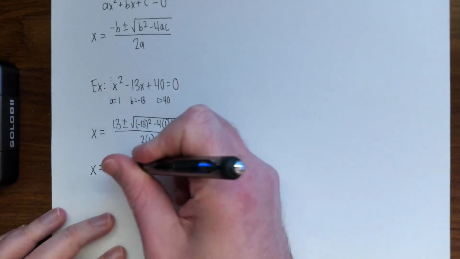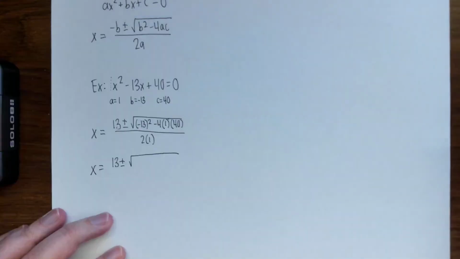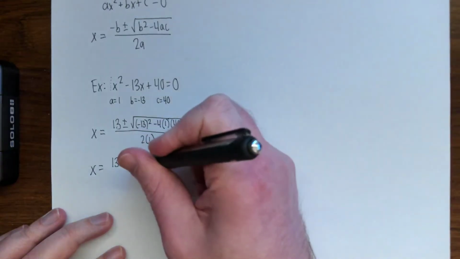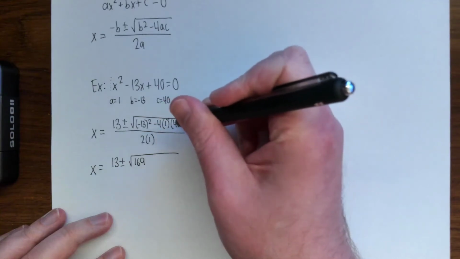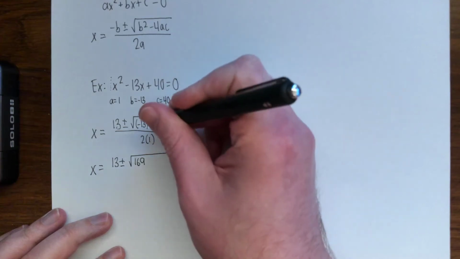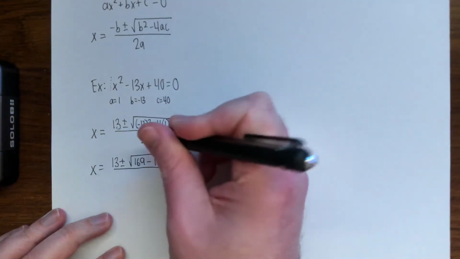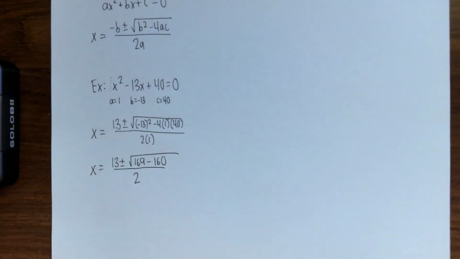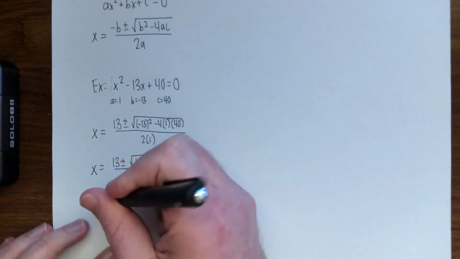So 13 plus or minus, negative 13 squared is 169. 4 times 1 times 40 is 160. So minus 160, all over 2 times 1, which is 2. That made it a lot simpler, but we can still simplify underneath that square root sign.